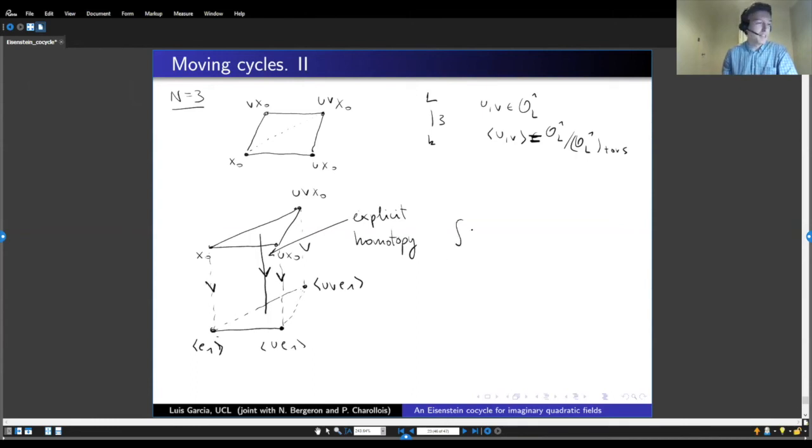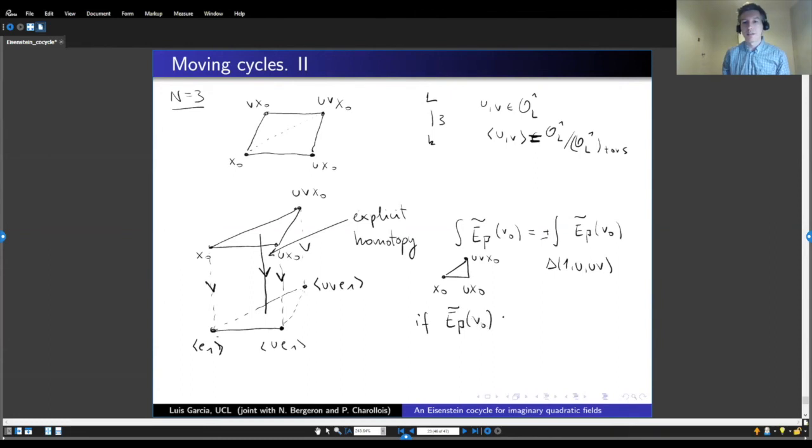And again, you obtain that this integral over this triangle, Vx0, equals plus or minus the integral over this, again assuming that EP of V0 is rapidly decreasing.